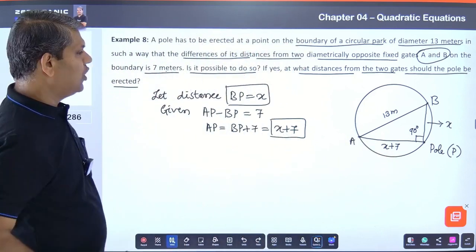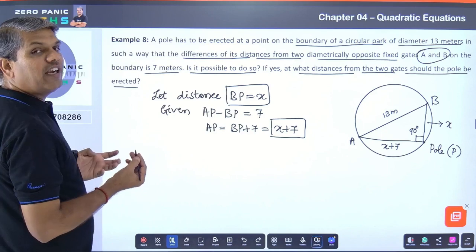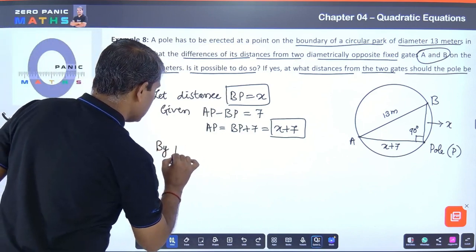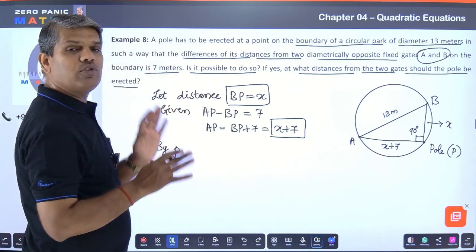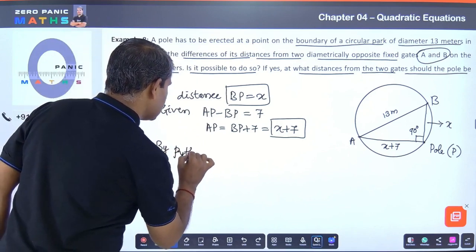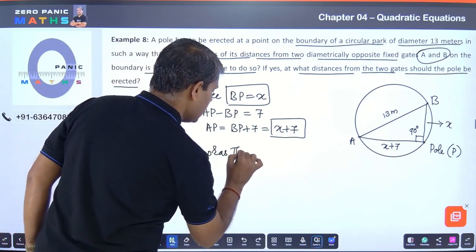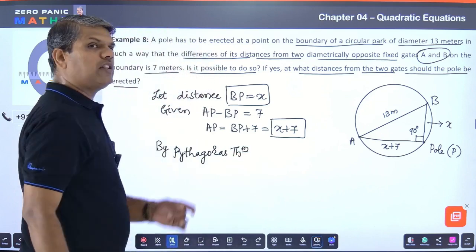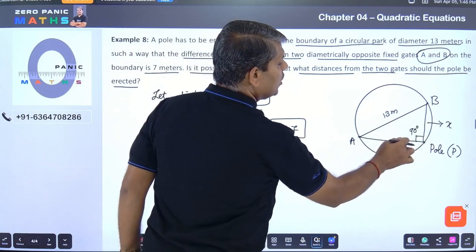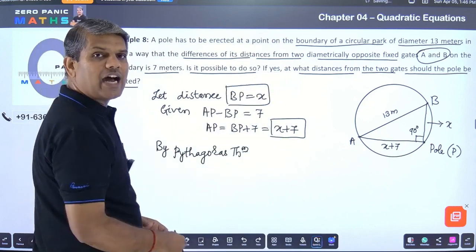Now you understood? Now with the Pythagoras theorem, we need to find that equation first. When there is a right angle triangle, we should go for the Pythagoras theorem. What the Pythagoras theorem says is that the hypotenuse square is equal to the sum of squares of the other two sides, base square plus altitude square.